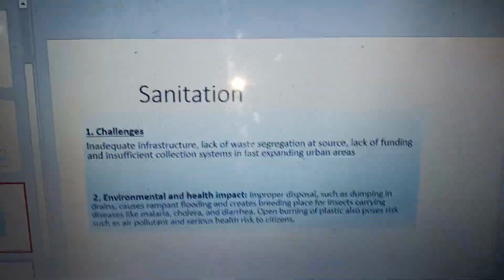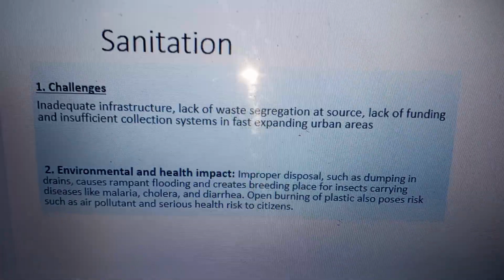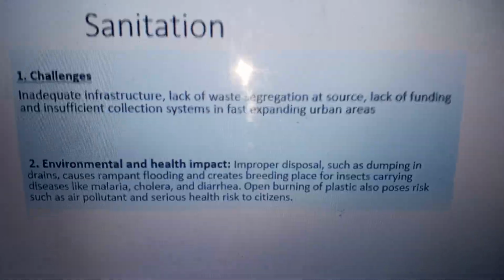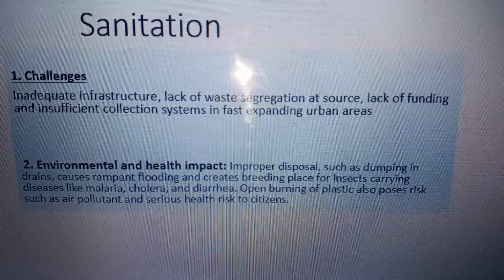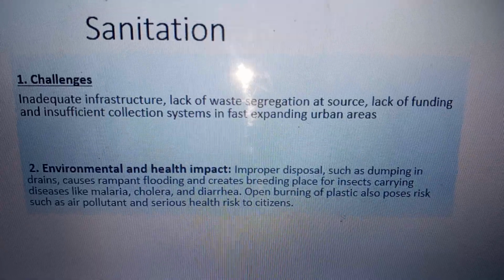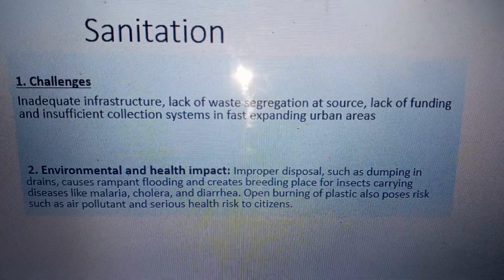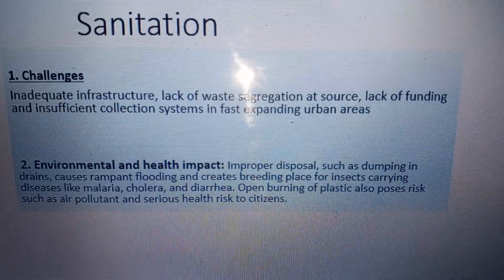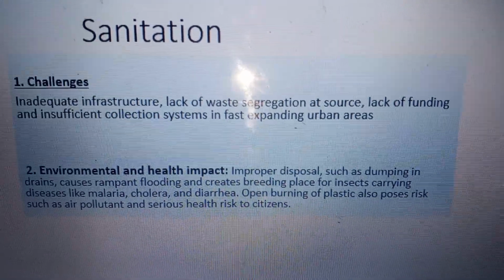The fourth slide talks about the challenges in the sanitation sector. We have inadequate infrastructure and lack of waste segregation at the source. Most domestic waste is not segregated.